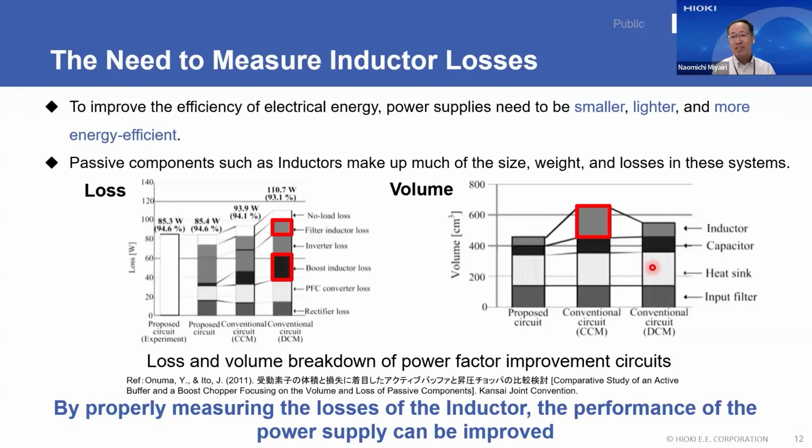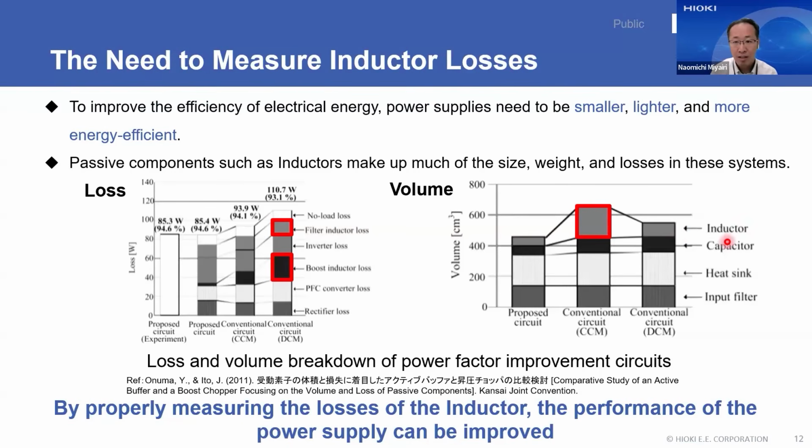So the next question is, how do we know if they're performing efficiently? That brings us to the importance of measuring inductor losses, right? In today's power electronics market, there is a growing demand for smaller, lighter, and more efficient power supplies to maximize the use of electrical energy.